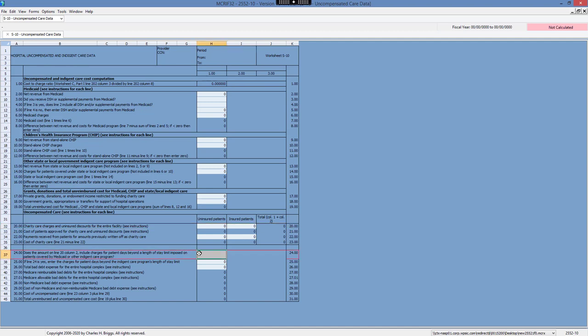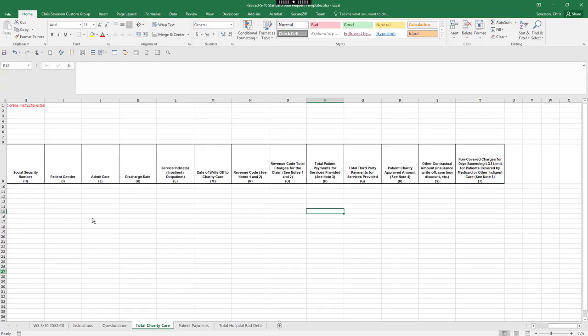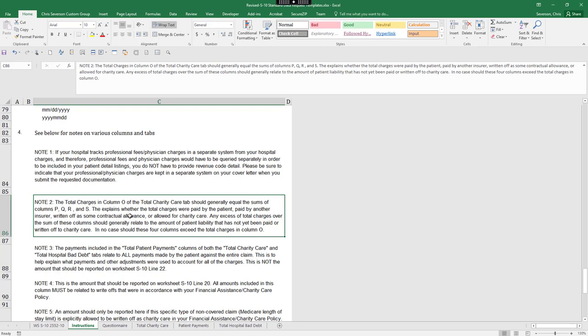So it's important to report line 24 properly and also ensure that that amount is part of line 20, column 2. That'll ensure that this cost of charity care, line 23, column 2, is calculated properly. So again, that is the purpose of this column T. We're going to see that in note 5 for more clarity. So that was note 2, just explaining the purpose of each of those columns and how they reconcile to column O.